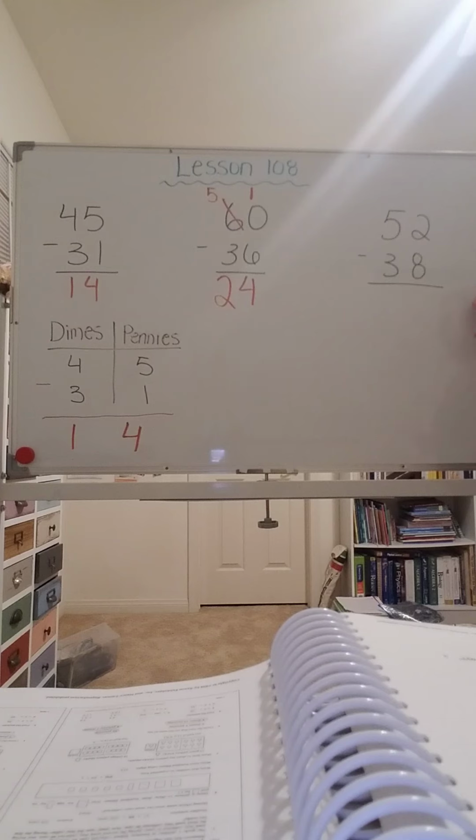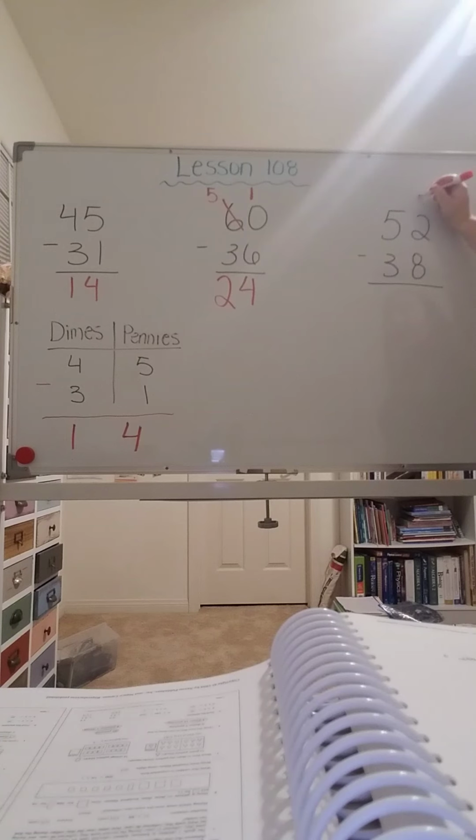All right, let's do our last example: 52 minus 38. Do we have enough pennies to subtract 8 from? No, we don't. So we borrow a dime from the 5.